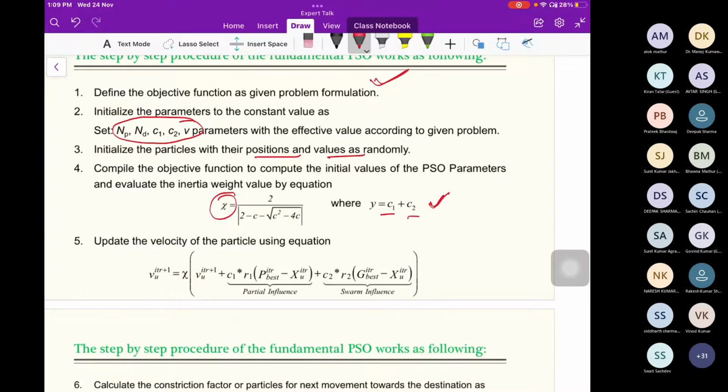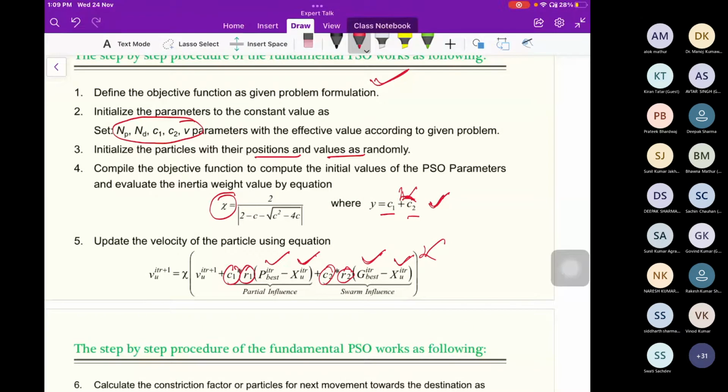R1 and R2 are random values, C1 and C2 are the algorithm's parameters, and this one is the previous velocity we use, and further with the inertia value, with the help of this we can find the updated velocity of the system. With the help of the velocity, we add it to the previous position, and further we get the updated position of the particles.